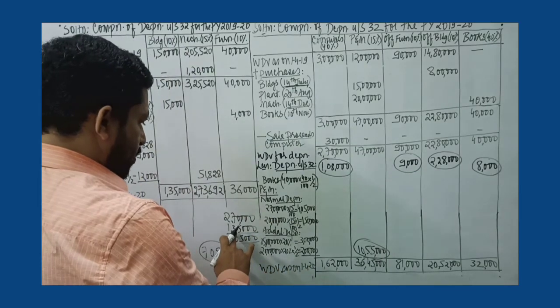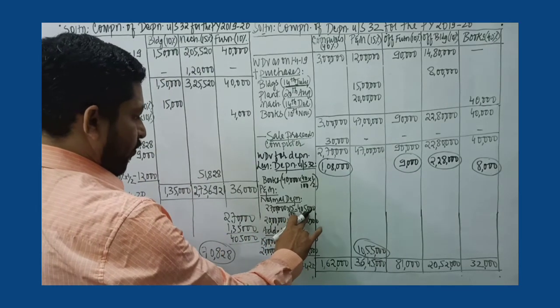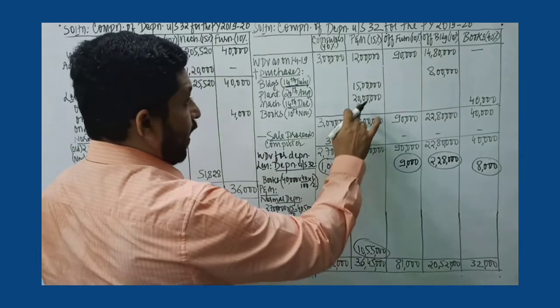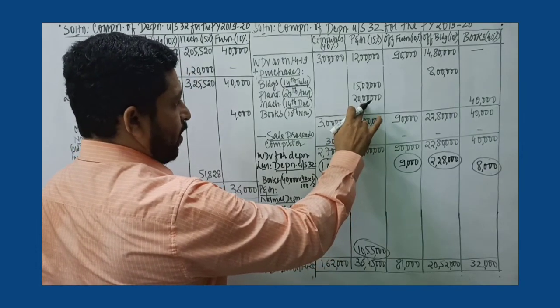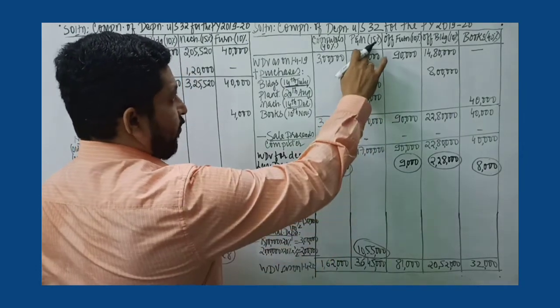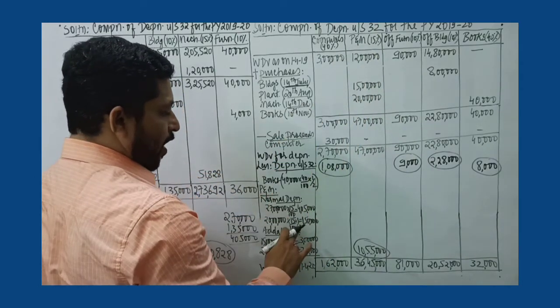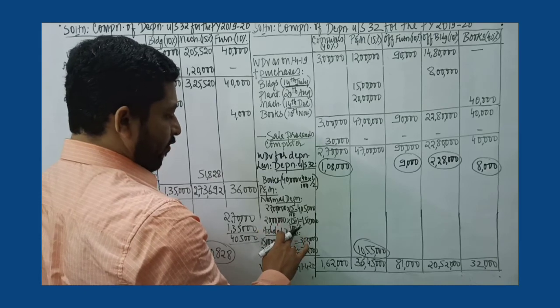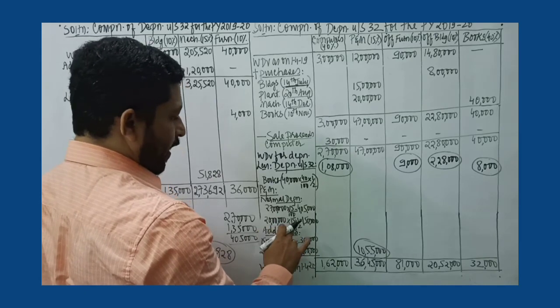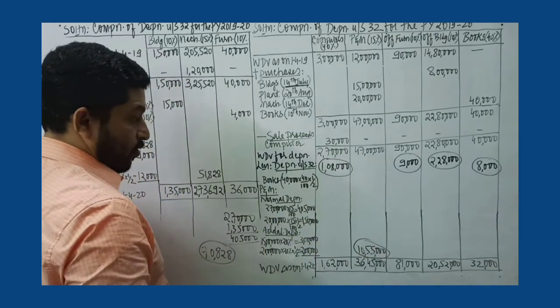It is 2 lakh 70 plus 1 lakh 35, so that would be 4 lakh 5,000. Then on this 20 lakh rupees, the normal depreciation is 15%, but since it is put to use for less than 180 days, half year's depreciation. So 20 lakh into 15% would be 3 lakh and half of that is 1,50,000.